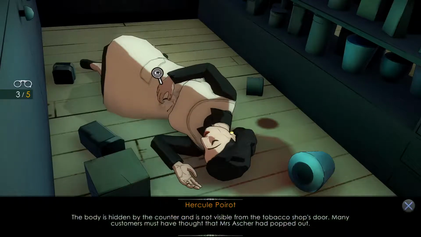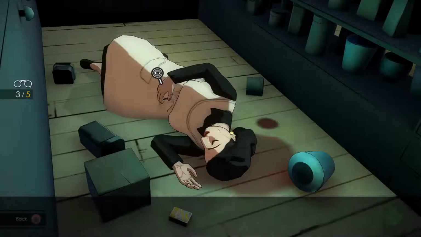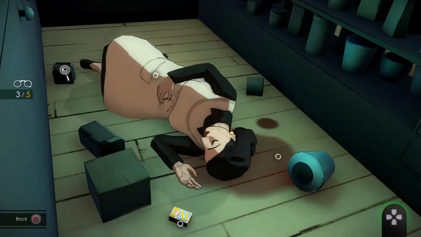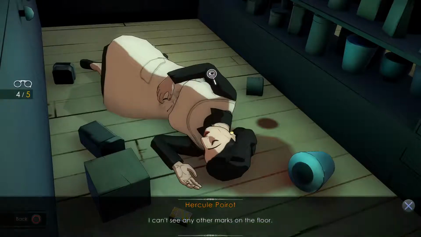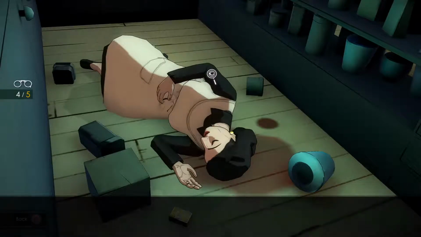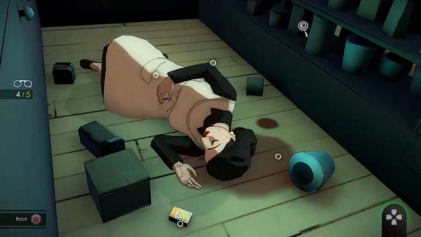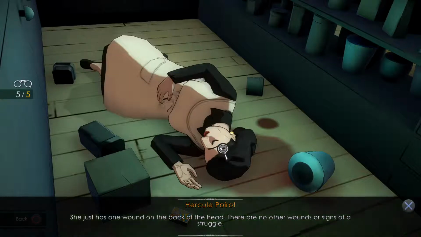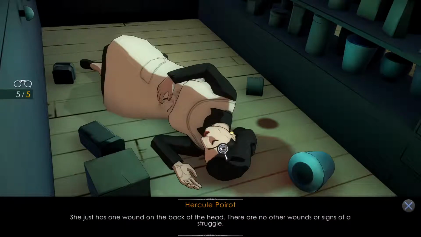The body is hidden by the counter and is not visible from the tobacco shop store. Many customers might have thought that Mrs. Asher had popped out. I can't see any other mark on the floor. She just has one wound on the back of the head. There are no other wounds or signs of a struggle.